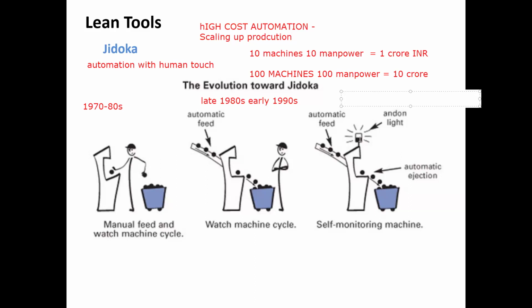Whenever the machine goes lower than the machine spec or higher than the machine spec, immediately the machine will automatically stop, and a red light and a siren will start glowing, so that the supervisors and the maintenance team can go to that area, analyze what the problem is, and then take the permanent corrective action. Right? So in this way, the loading and unloading has already been automated, and now the machine conditions are also automated.